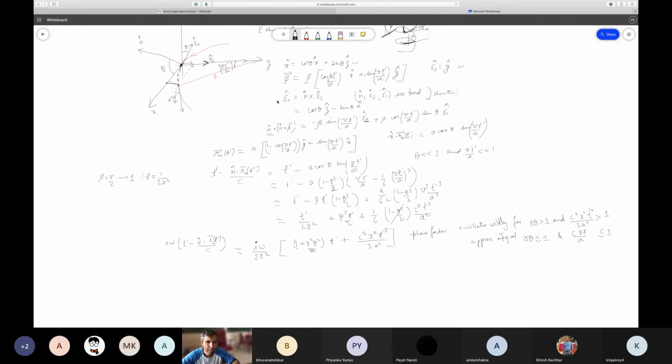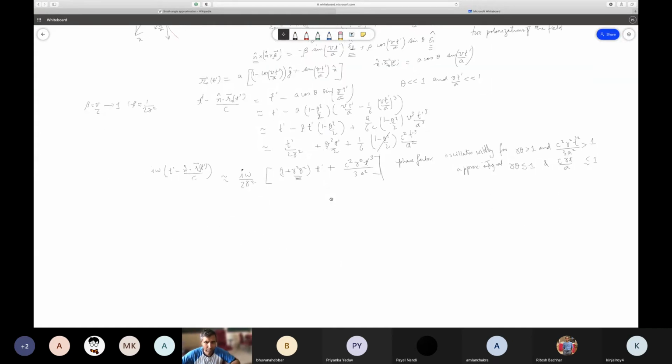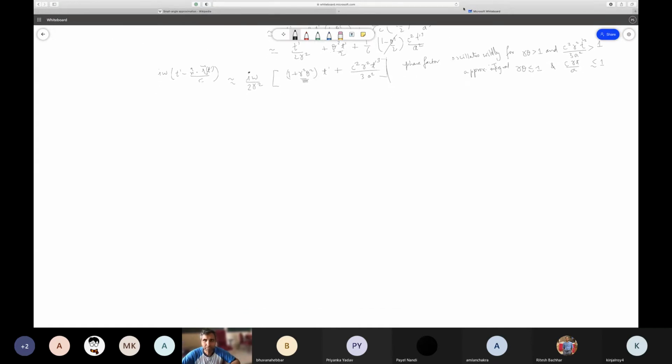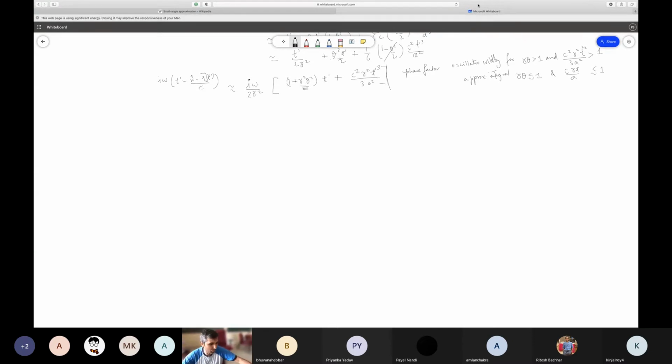And let's see, n hat cross beta has these two polarizations, right? This and this. So these are the two polarizations of the field. So we can actually write the expression for power for these two polarizations.